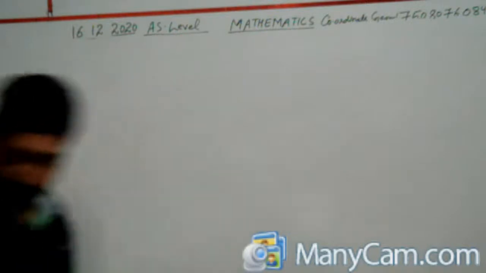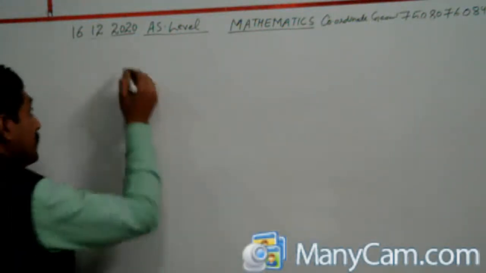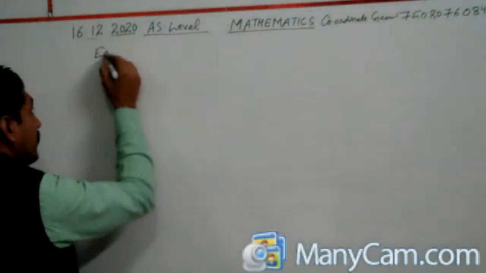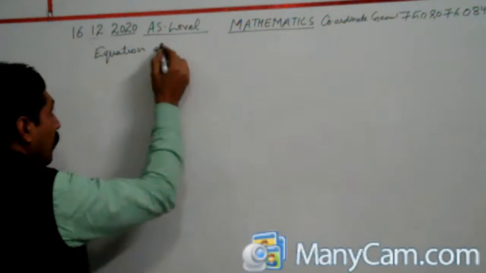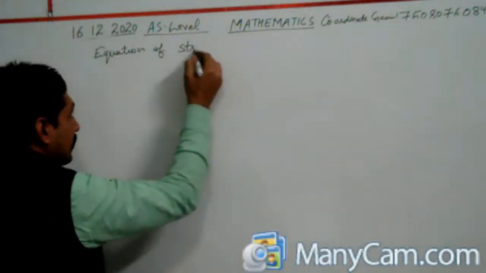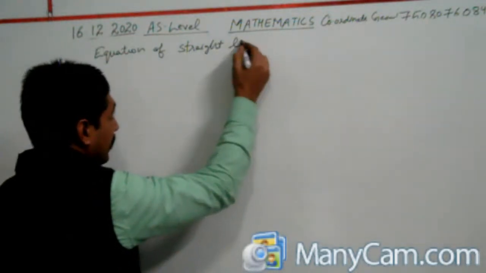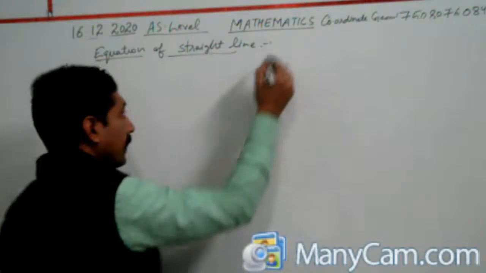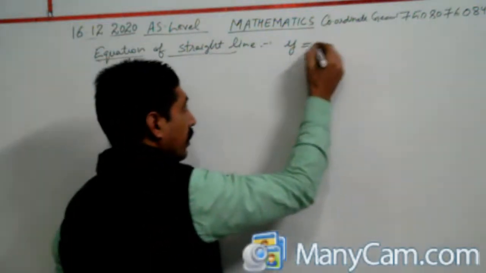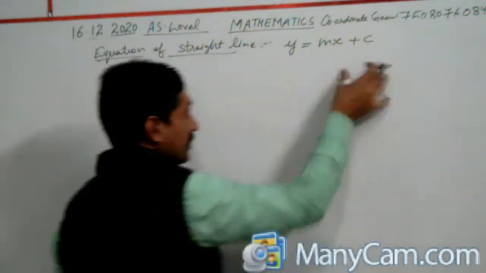We discussed the equation of a straight line, y is equal to mx plus c, and we have discussed so many examples.